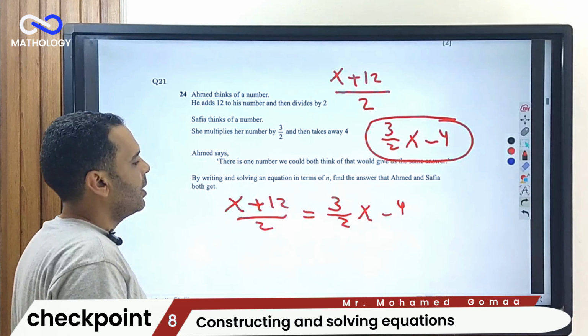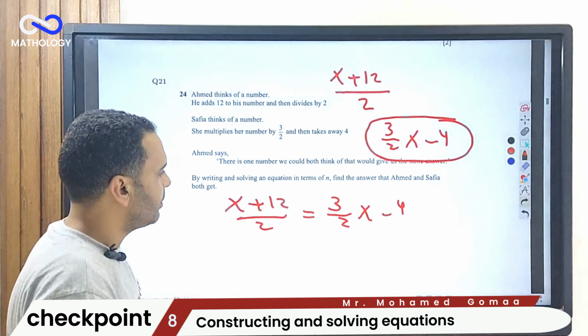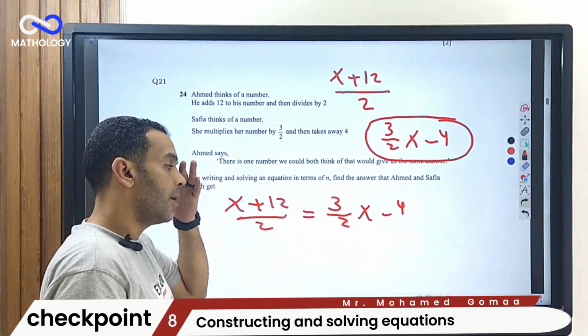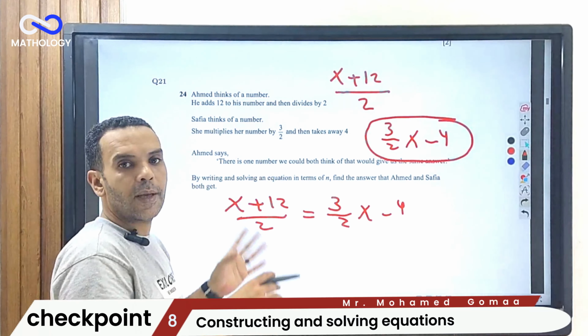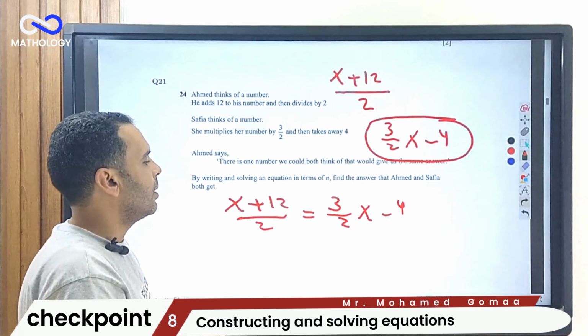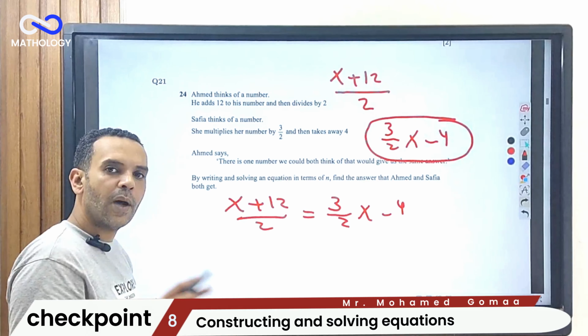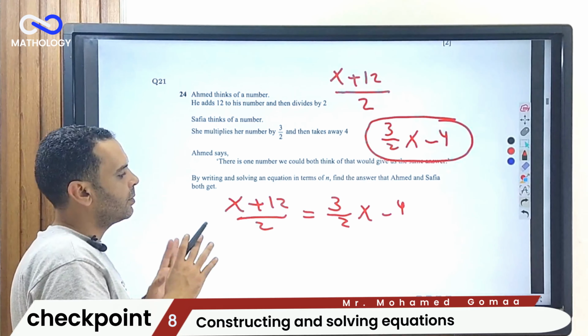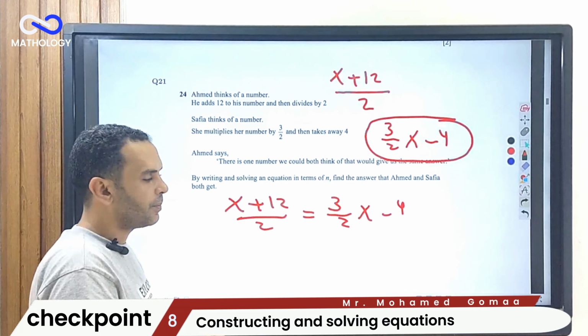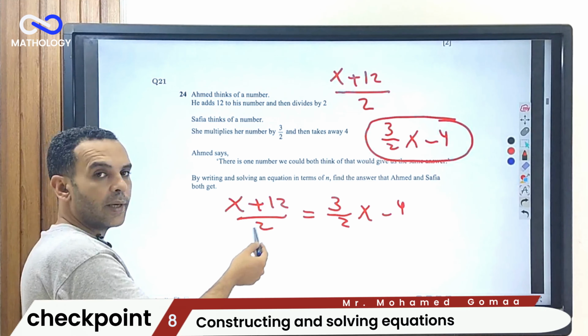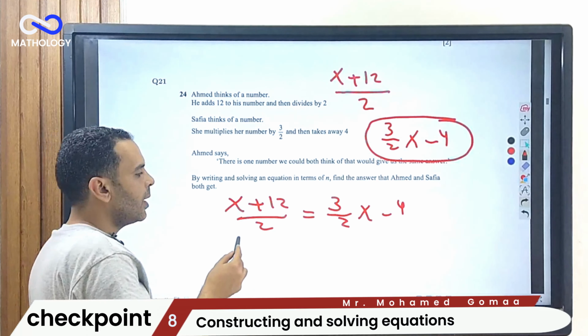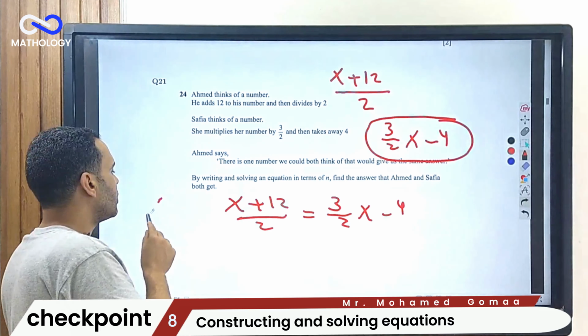Solve for x. You have to collect the x's on one side and the numbers on the other side. Or we can multiply by 2. Why do we have to multiply by 2? To cancel the denominators. Multiply both sides by 2.